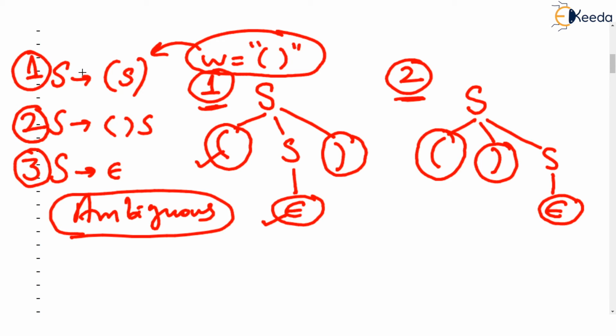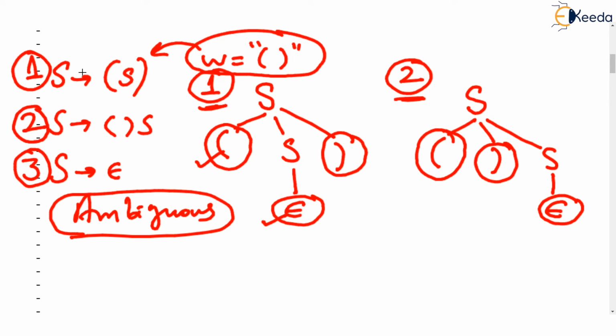When we learn later in our course about undecidability, we will learn how the problem of whether a grammar is ambiguous or not is undecidable. I mean, you just can't write an algorithm, a computer program, where a grammar is given and the program will tell whether the grammar is ambiguous or not.